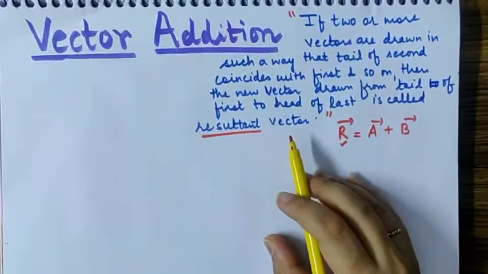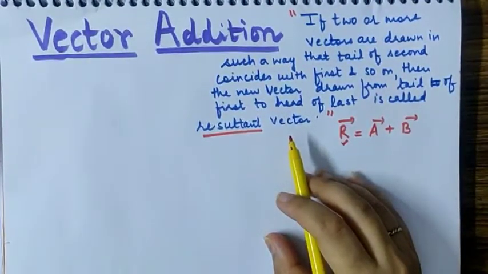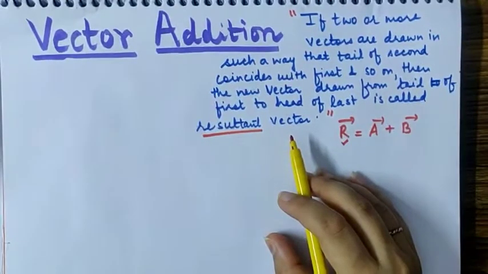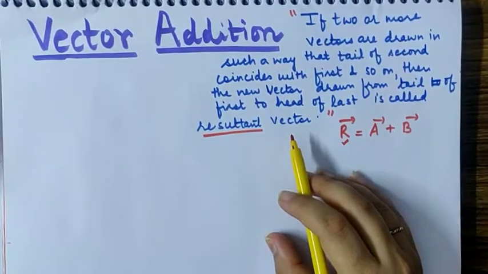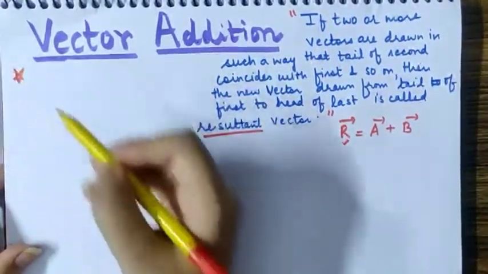Now the second thing: when will we need to add vectors? For example, you will never be in the practice of adding displacement to force. Have we ever heard that a force is being added to a displacement? Never, because we always add the same quantity. So vector addition follows a very simple and main step.